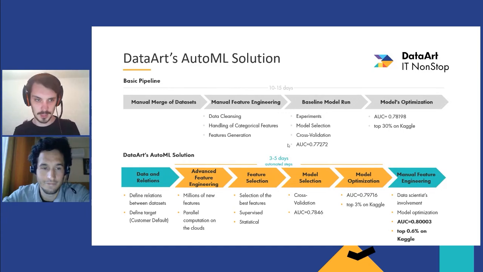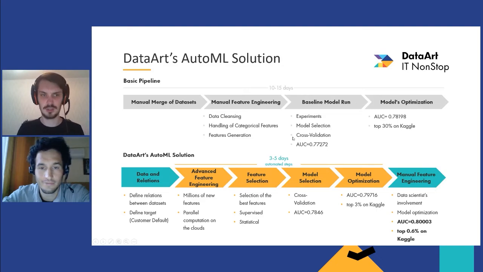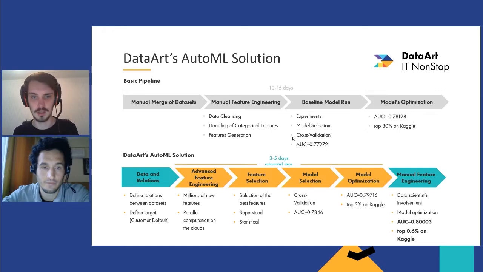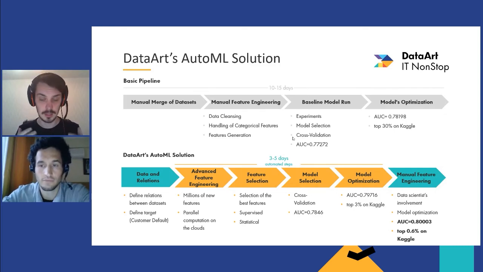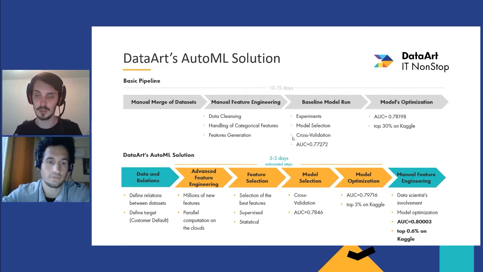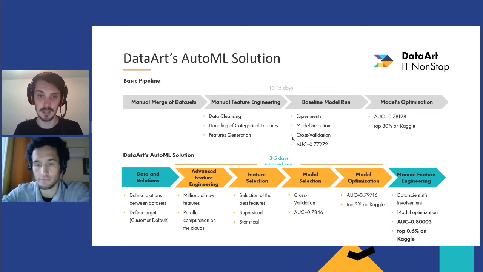So if you take a look at the basic pipeline on the top of the screen, we already talked about it with Vlad, that we manually merged our data sets. We did some manual feature engineering. We trained some models, made experiments, and optimized those. And this usually takes 10 to 15 days for a regular data scientist, right?